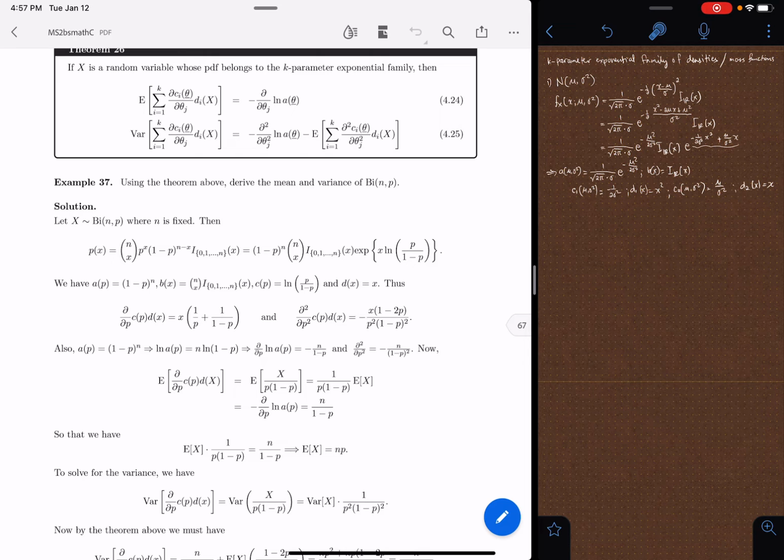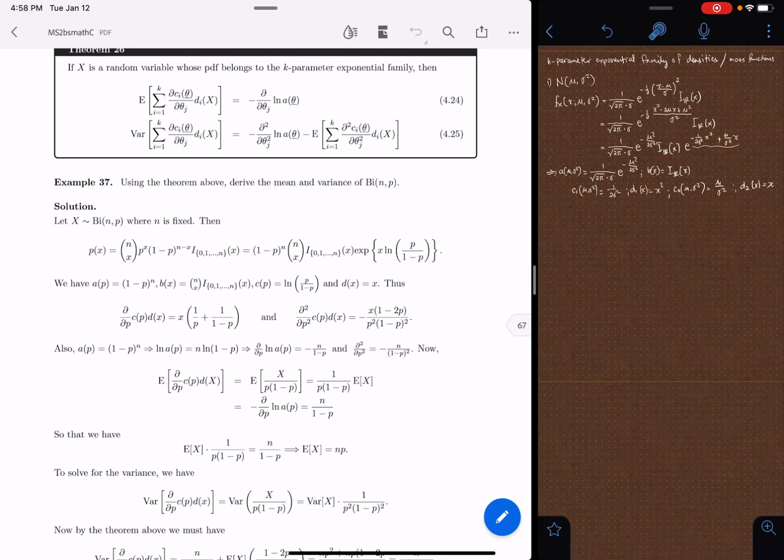That means X can take on only the integers 0 to n. Let's first show that this PMF belongs to the k-parameter family. In this case, since n is fixed, we only have one parameter, yung p lang. So we show that p of x belongs to the 1-parameter exponential family.